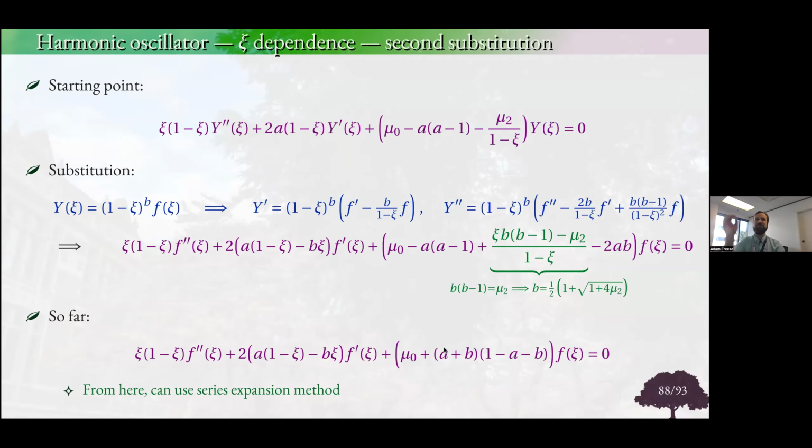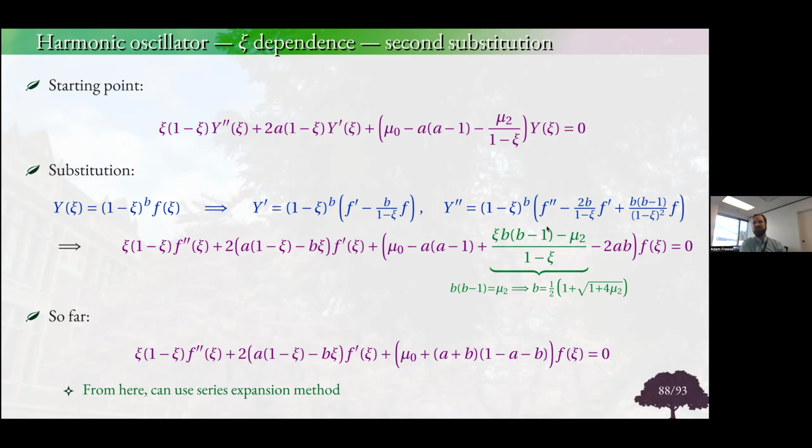So we substitute in y is 1 minus xi to the b times f of xi. We find the derivative and second derivative because both of these need to be substituted in. And if you do all the algebra of multiplying everything out, I'm not going to walk you through step by step for this. You end up finding that the stuff that is divided by 1 minus xi, you have a xi times b minus 1 minus mu2.